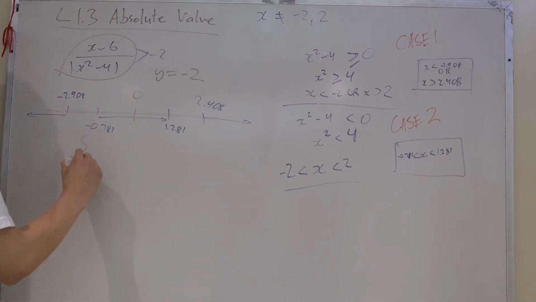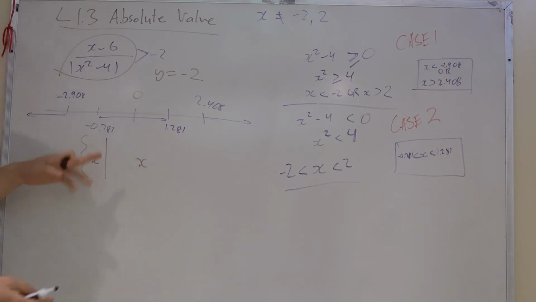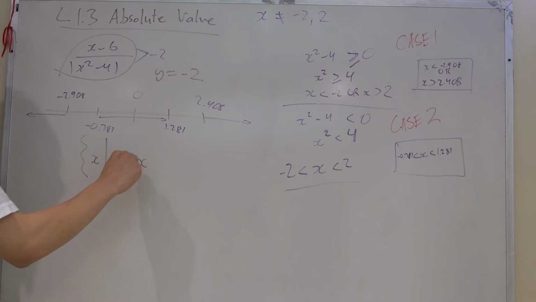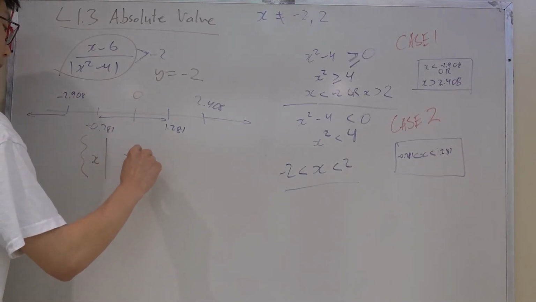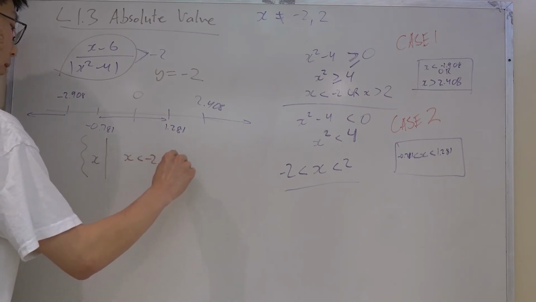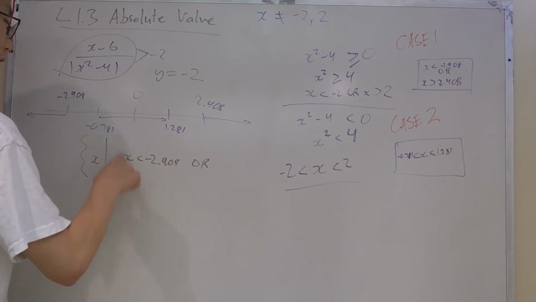So that means our solution set, we can write it as x such that x, I'm not going to write x as an element of the reals. We have three sections. We need either x is less than negative 2.908, or x is between those two numbers.